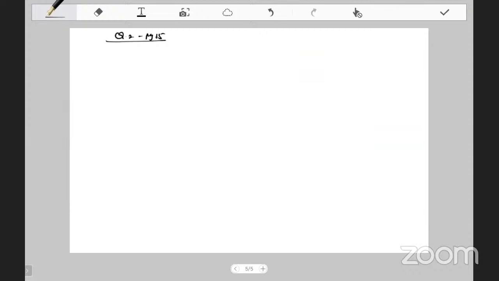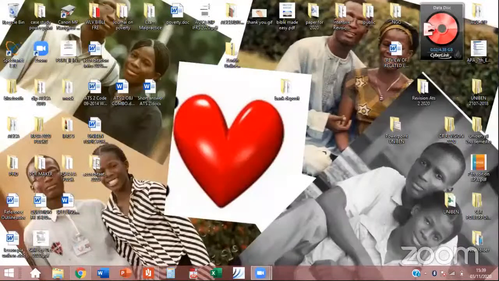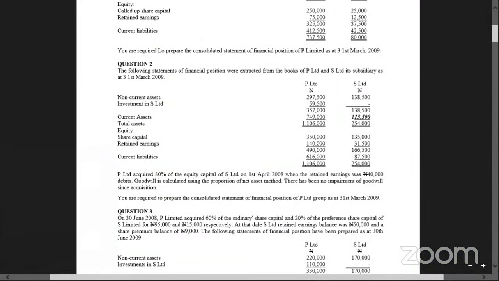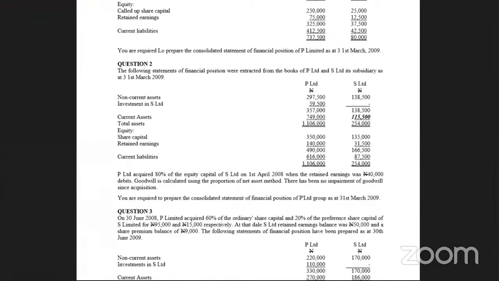I want us to be very careful when we come to this question. They told you that the following statements of financial position were extracted from P Limited as at 31 March 2009.